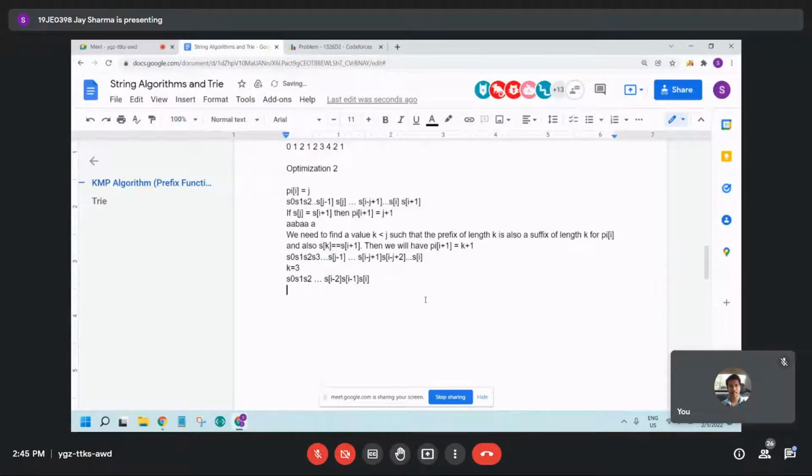So s of I minus 2, s of I minus 1, and s of I should be equivalent to s of j minus 2, s of j minus 1, s of j. You agree with this thing? Because that is what the prefix function property was satisfying, right?